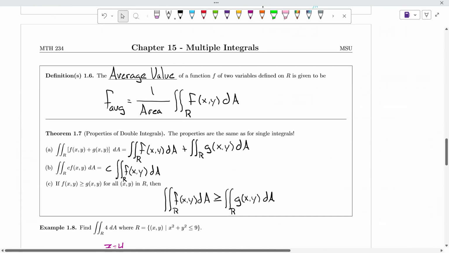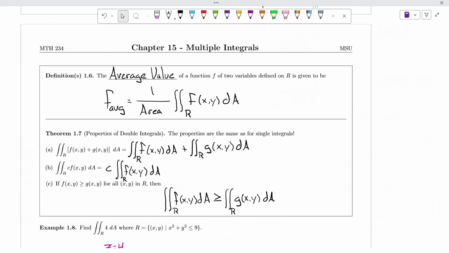Properties of double integrals. Well, there's an average value calculation that we can do, which is pretty similar to the average value calculation we had back in Calc 1. Back then, an average value of some function is its integral divided by the length of the interval that we're integrating over.